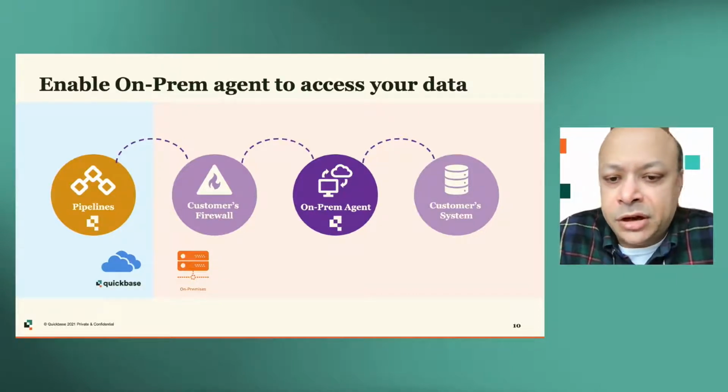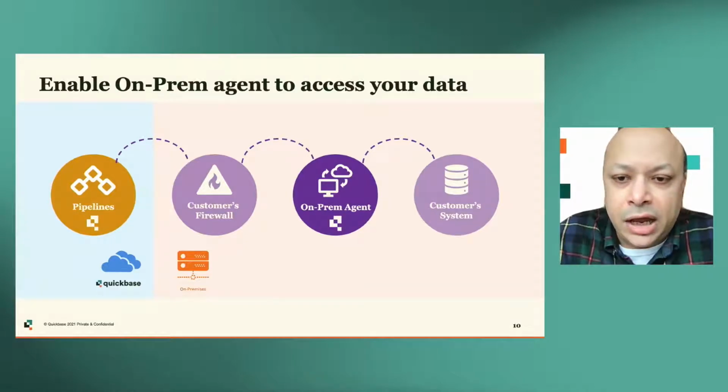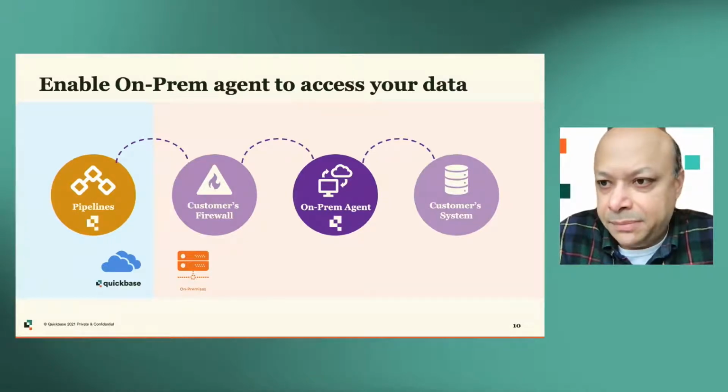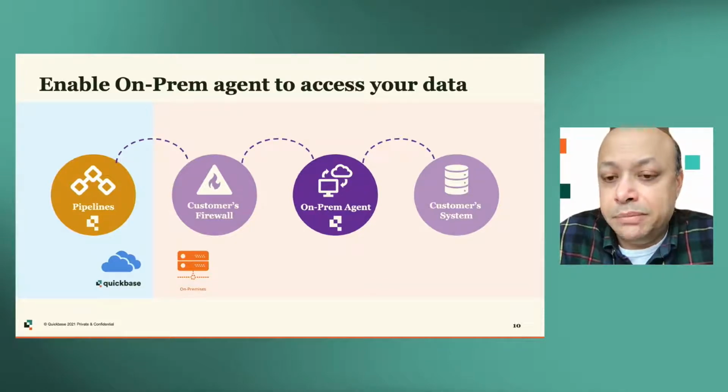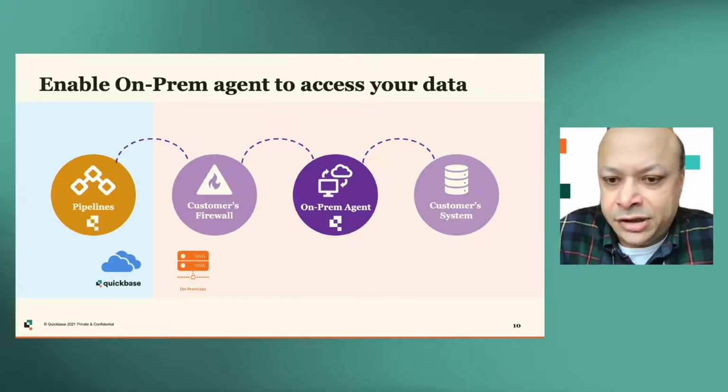The purpose of this Onprem Agent is to effectively mediate between your on-prem data source and the Quickbase pipeline infrastructure, and to do this in a secure way so that the transport of your data, bidirectionally if you so choose, is done in a secure manner.